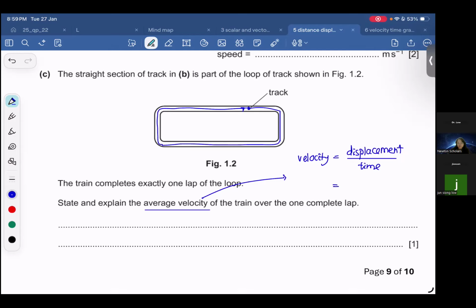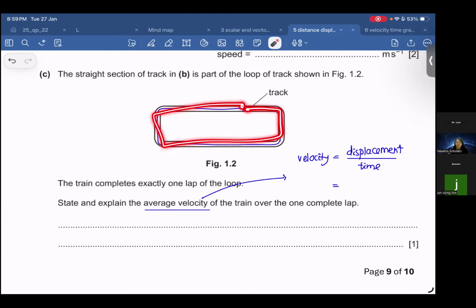Jiaxuan, no. If you complete, what is your starting? What is your ending? What is your displacement? No. Dear, starting, then you go back to original position, ending. What is your displacement when you go back to original position?